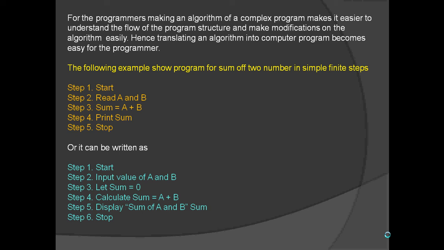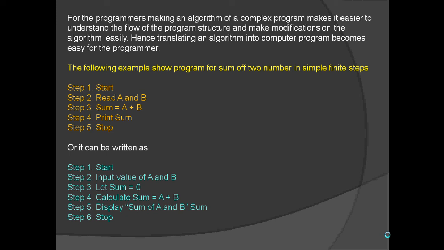You can see that this is written more like English sentences. The above one is written in short format. The below algorithm is written in more complete sentences, which can be understood much better by the programmers. However, both of them are correct.